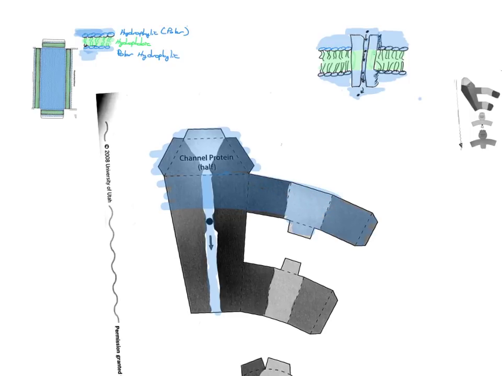Why is that all blue? It's all blue because it's all sticking out of the cell. If you look at it and think about it, all that is outside the cell. And this side, all this would be blue as well. That would also be on the inside though, right?